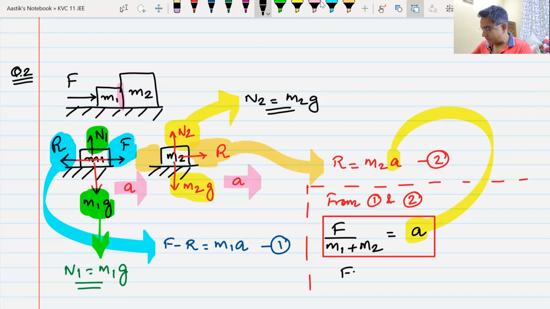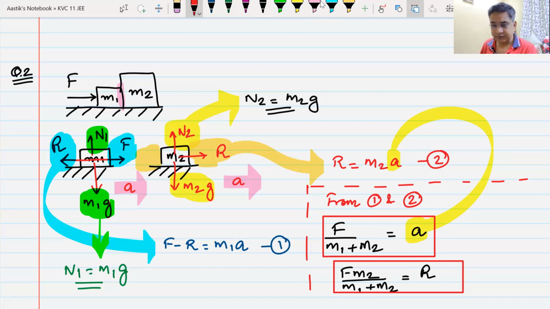It will come as F into M2 divided by M1 plus M2. Do we understand this? This will be the force between the two blocks. Everyone understands this? Yes or no?